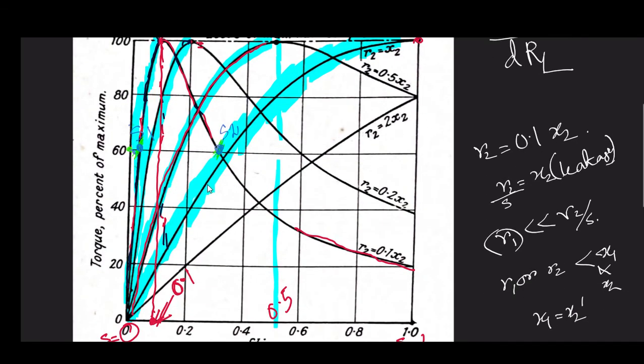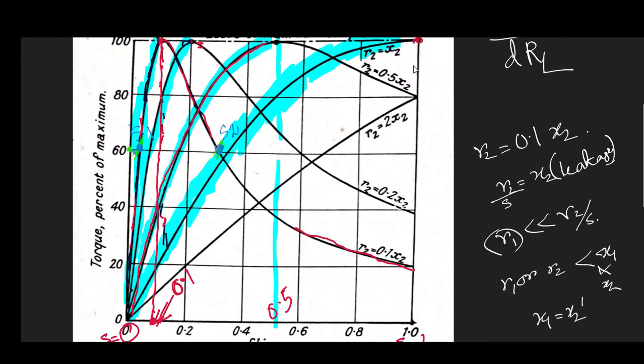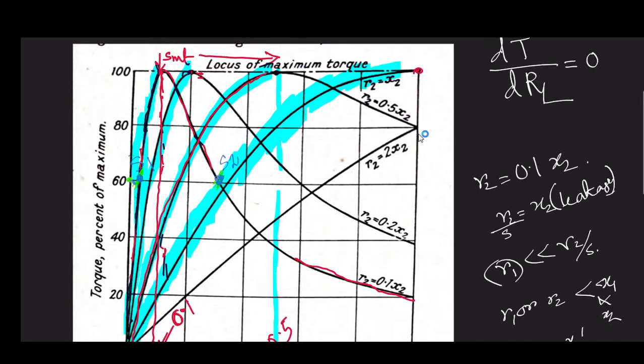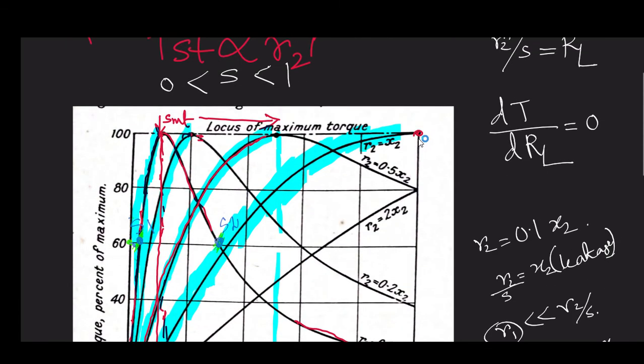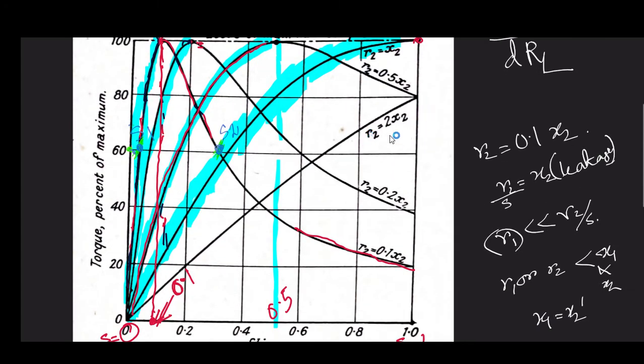Intuitively, you can see from this diagram that if we keep on increasing R2, when R2 is equal to X2, maximum torque comes here at slip equal to 1. That means that is the maximum value of torque you are getting during start. Now if you further increase R2 to 2X2, then you are not getting the maximum torque in this range.